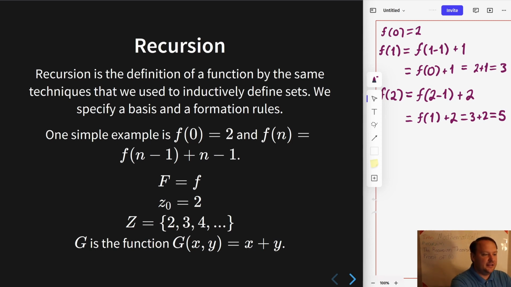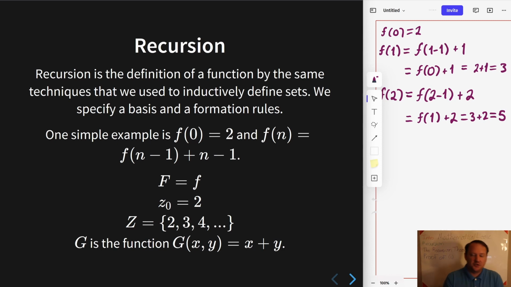So you can see that here, my function g is the plus function. The left-hand side is the x, and that is the earlier value of the function. The right-hand place is supposed to be the earlier input value, in this case, n minus 1. So that right-hand coordinate, y, I am taking to be n minus 1 in this example.